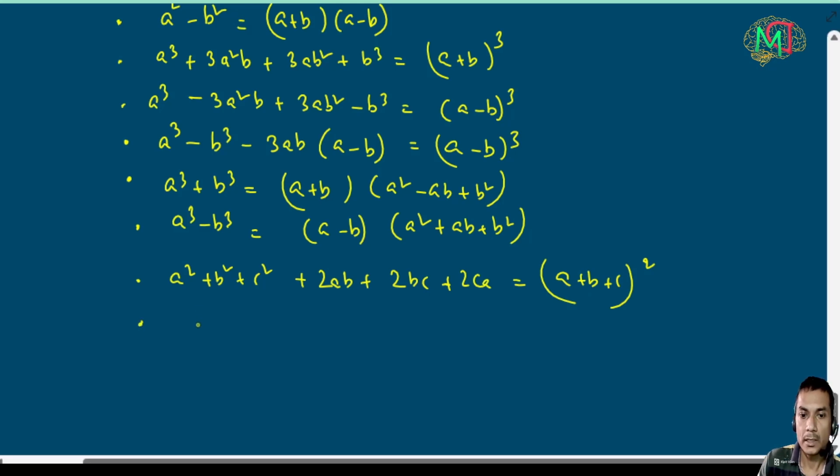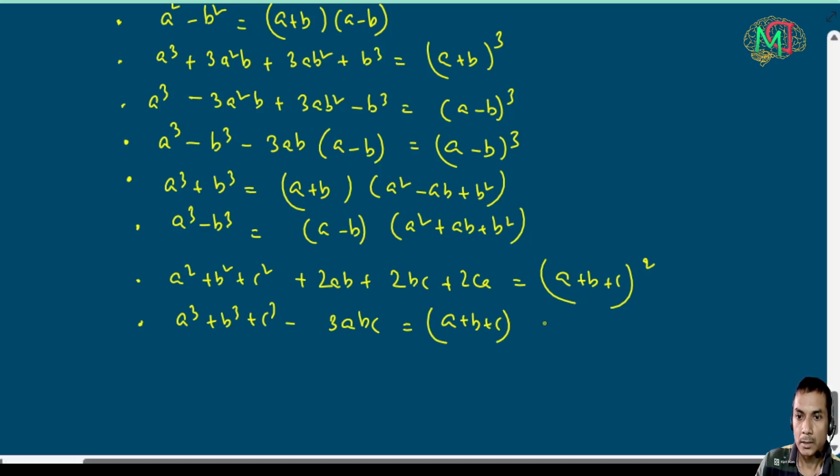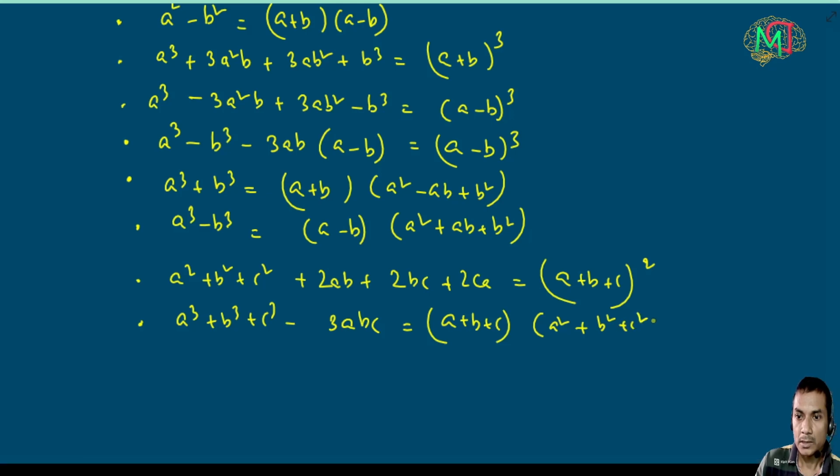Next is a cube plus b cube plus c cube minus 3abc, we can write as a plus b plus c into a square plus b square plus c square minus ab minus bc minus ca. Clear?